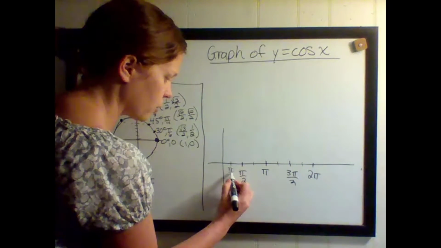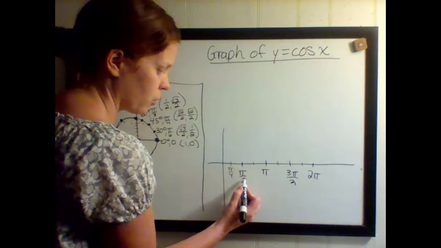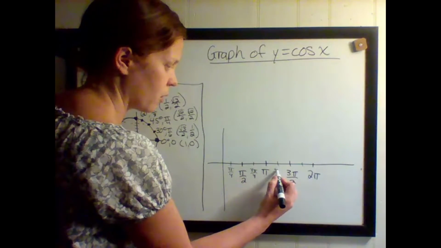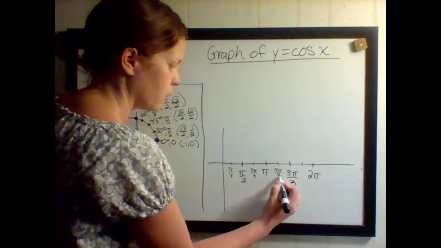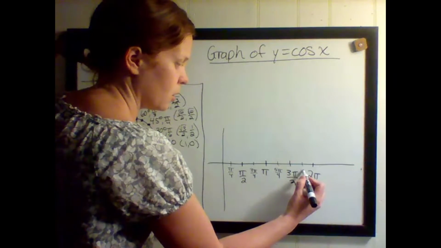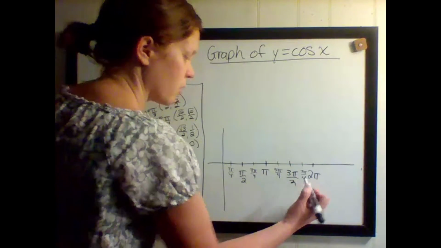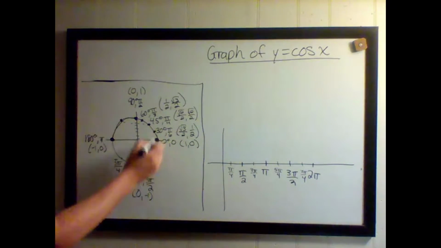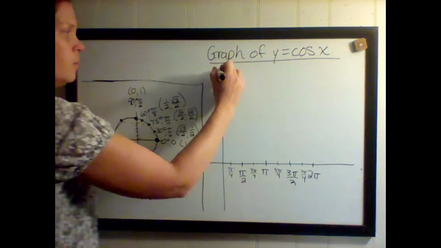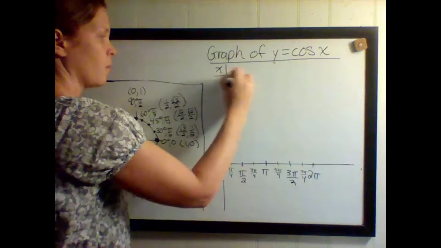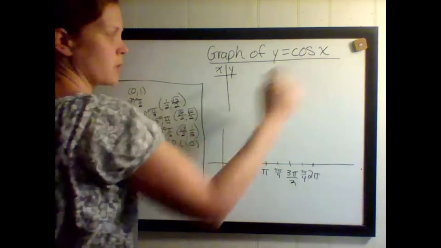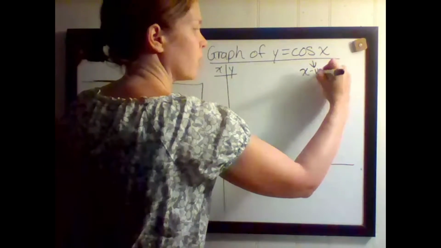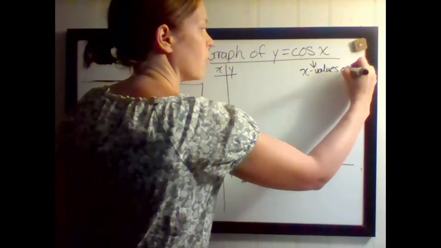So I've got pi over 4. That was 1/4, 2/4, 3/4, 3 pi over 4, 4/4, 5/4, 6/4, 7/4, 7 pi over 4. 8/4 would be back to 2 pi, a full time around the unit circle. So now, cosine of x on the unit circle: remember, these are the x values on the unit circle.